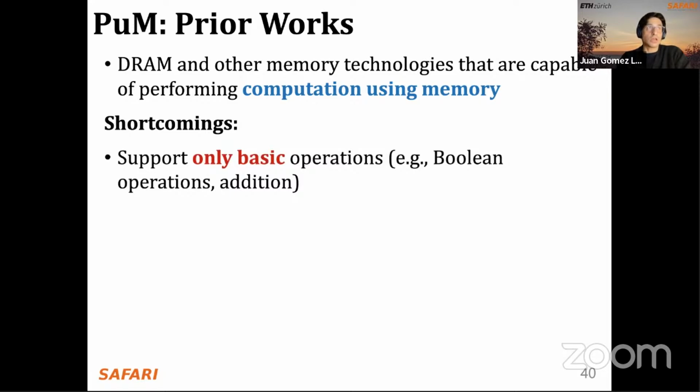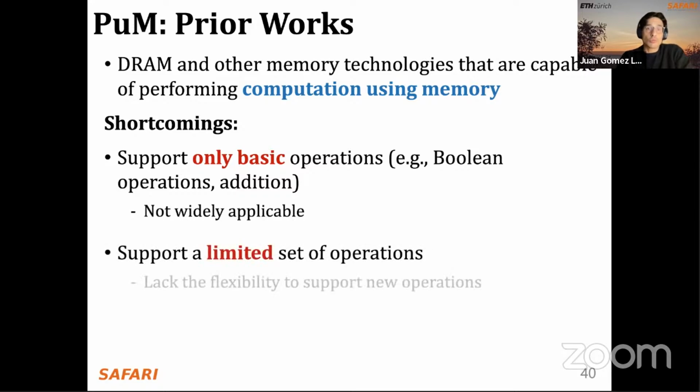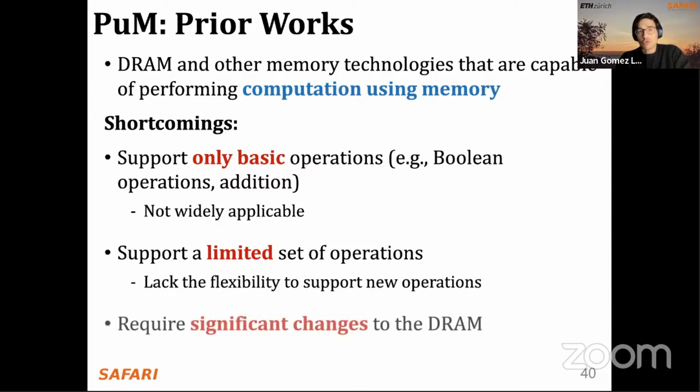Previous works either implement only basic operations like Boolean algebra, which are not widely applicable, or support only a limited set of operations, lacking the flexibility to support new operations, or if the operations are complex, like for example multiplication and addition, there have been some proposals showing how to do that, but with significant changes to DRAM and costly in terms of area and power.